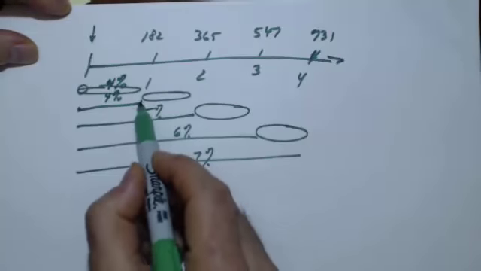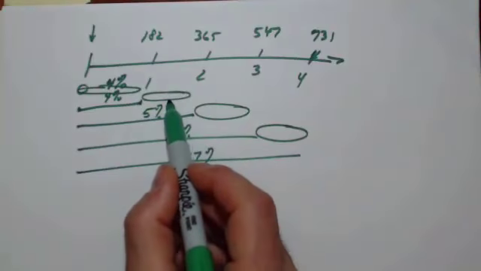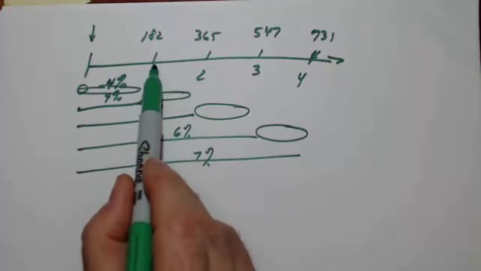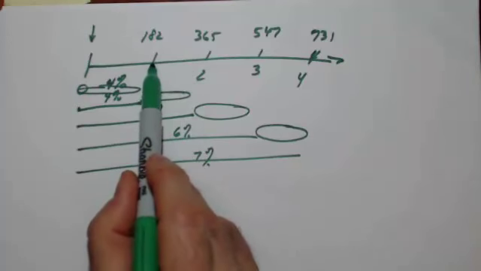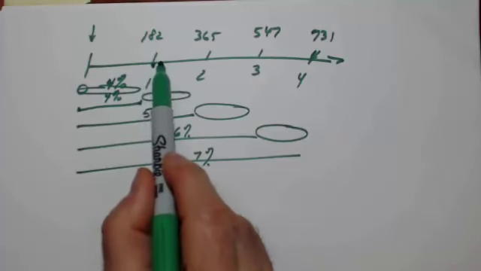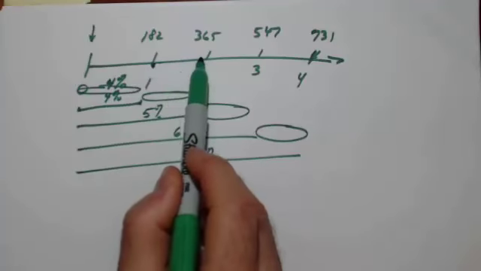Okay. Now, the second forward rate here is this. We're asking ourselves, what is the interest rate that starts 1 period from now? In other words, 6 months from now. What is it? And it covers this 6-month period.